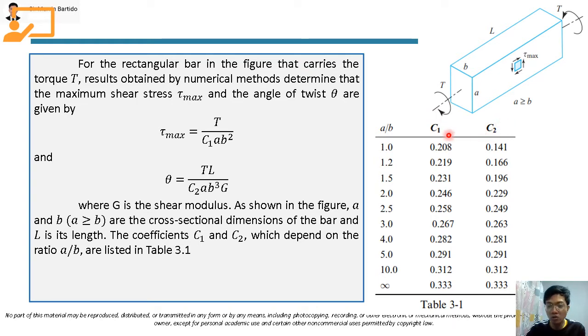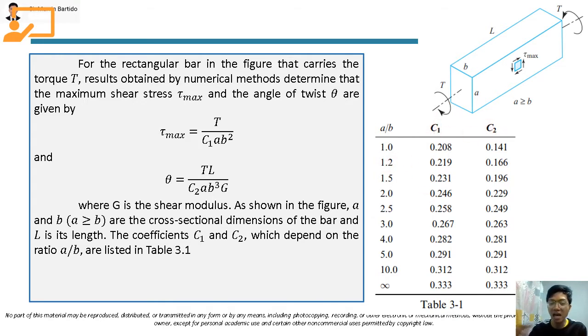So to solve for C1 and C2, class, we have to first determine the ratio A over B. Again, class, A is always greater than B. Once we have determined the ratio A over B, we look for that ratio here, class, and the corresponding values of the coefficients will be this and this.